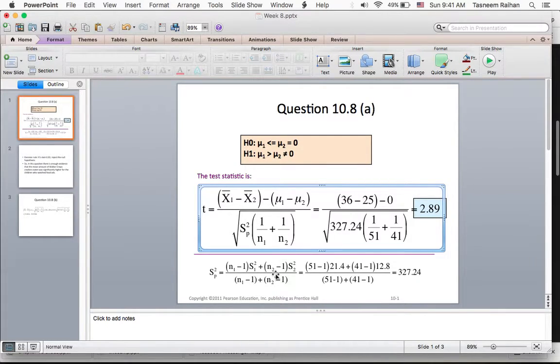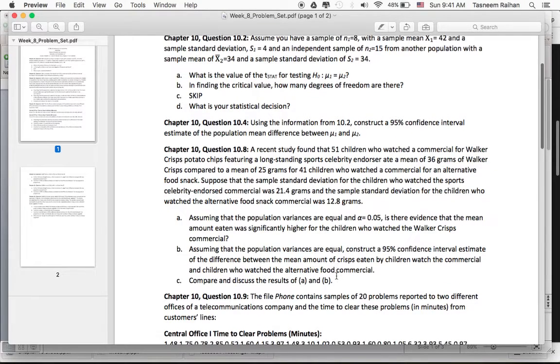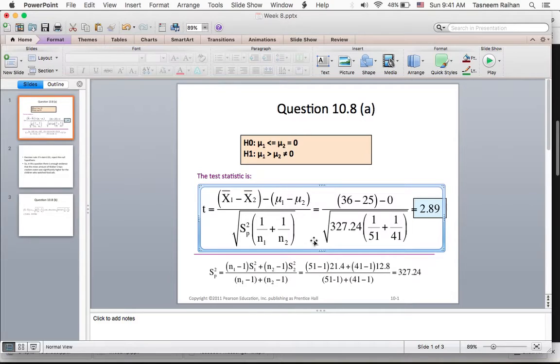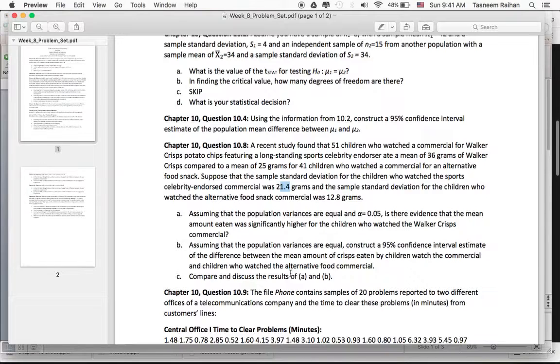In our case, let's quickly go back to the question. Here we go. S1 equals 21.4 because this is the standard deviation of the first sample. Then we also have S2, which is the standard deviation of sample 2, and that is equal to 12.8 grams.